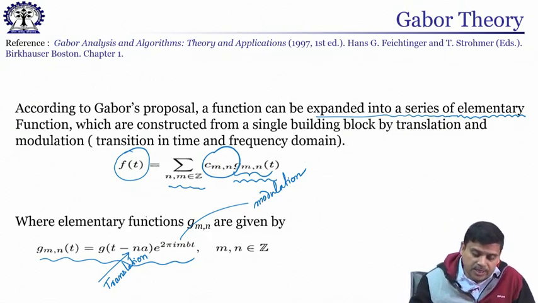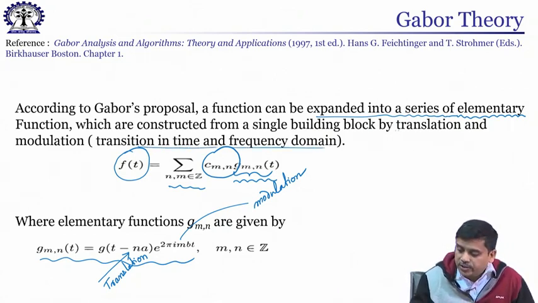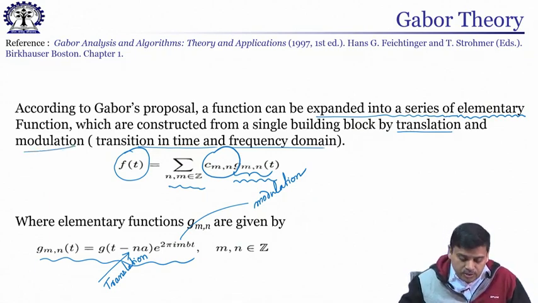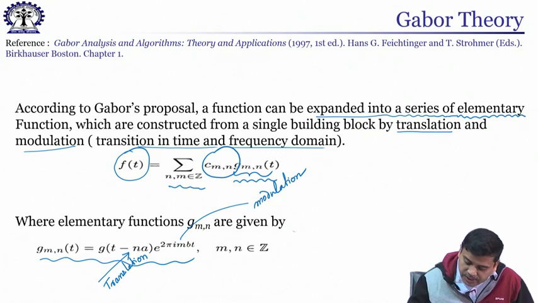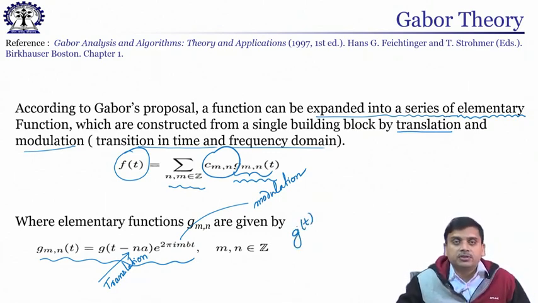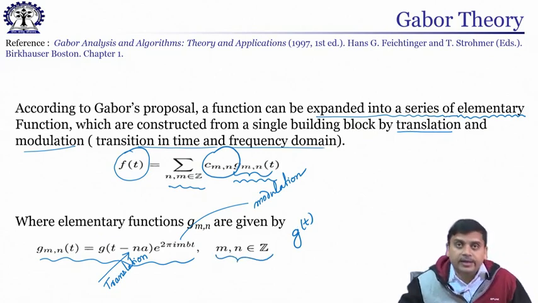So, there is a translation in time and frequency domain, which can also be seen by translation and modulation terms. So, here g of t appears to be the base elementary function which is translated in time and in frequency, which is represented as modulation. Here m and n are integers.